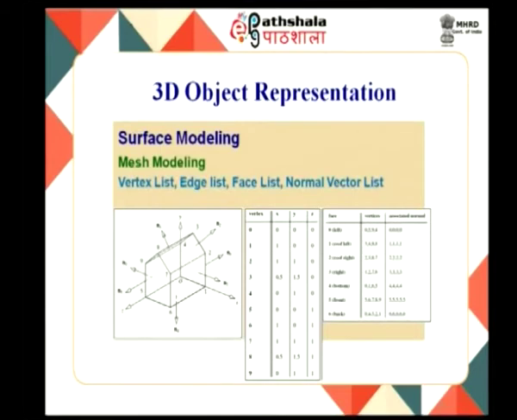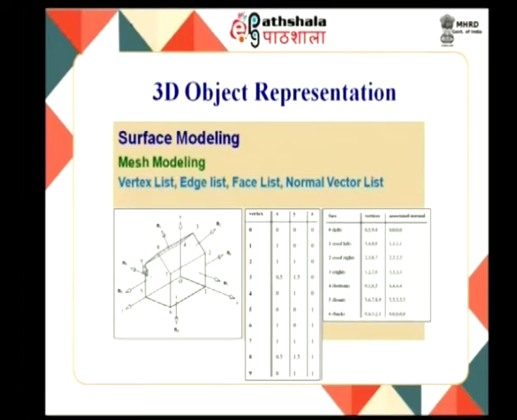If you see the diagram here, it's a shape like a hut, a home-like thing, and it has vertices numbered 0, 1, 2, 3, 4 until 9, and various edges. The vertices are connected by edges, and many edges together make up a face.